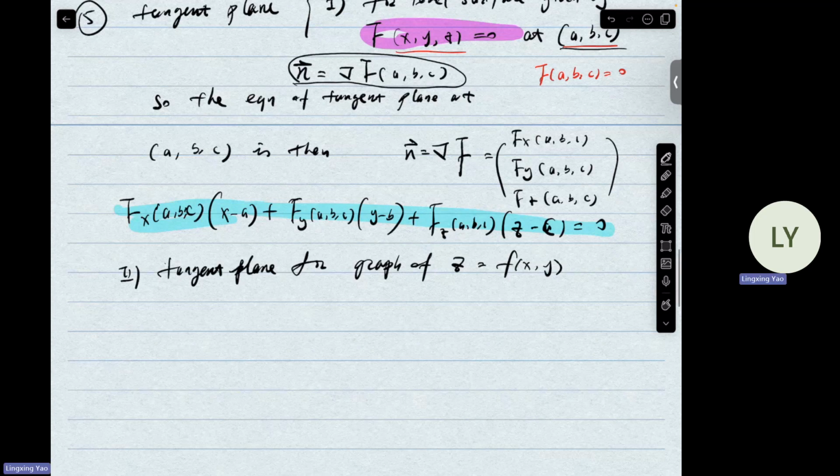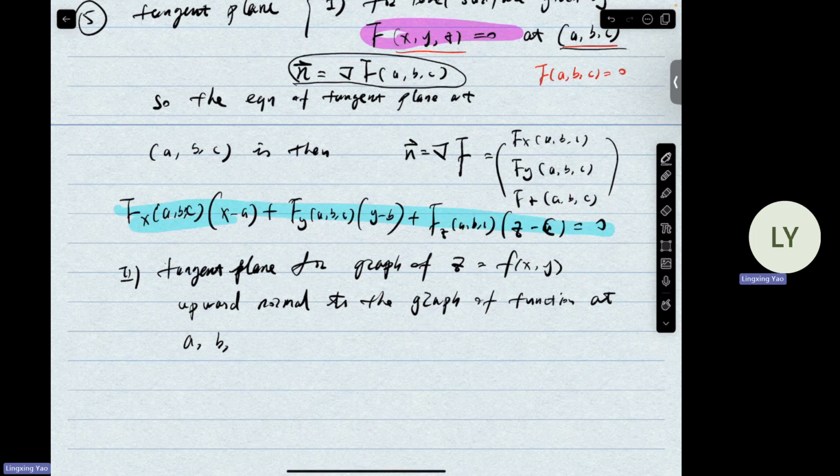so-called upward normal to the graph of the function at the point x equals a, y equals b, and z will be certainly not c anymore, or you can name c as little f of a, b.